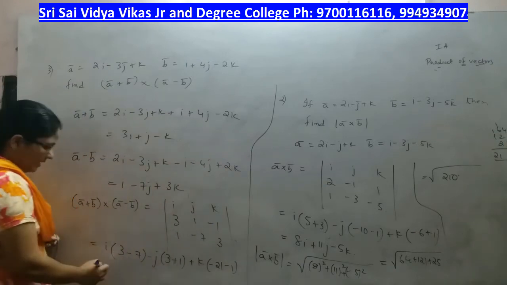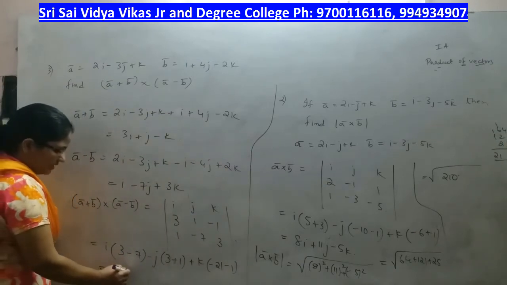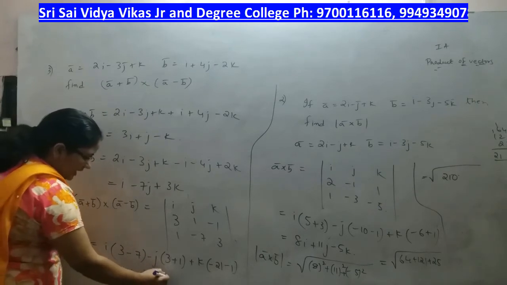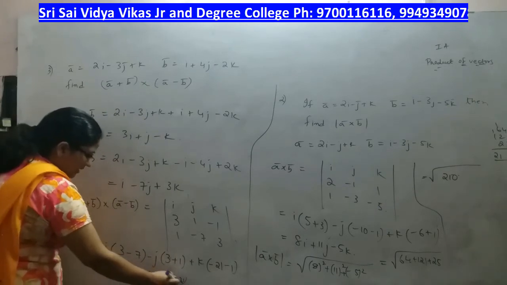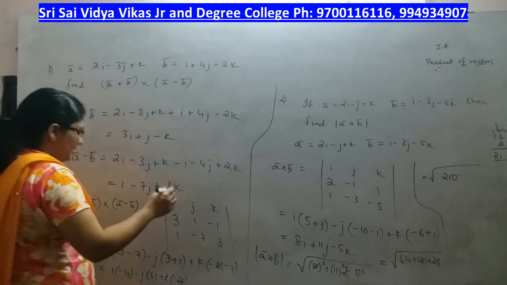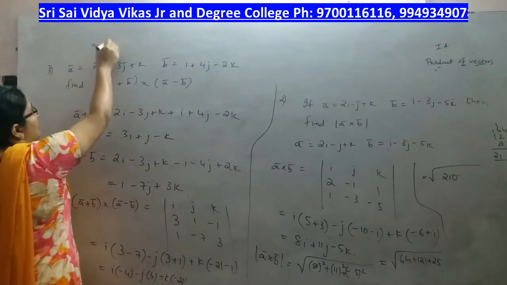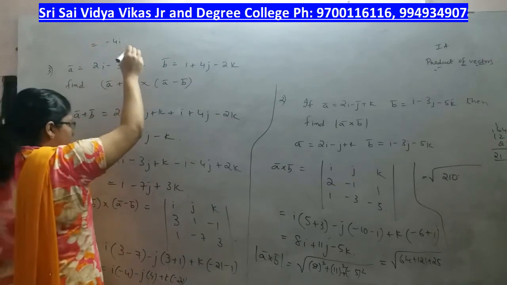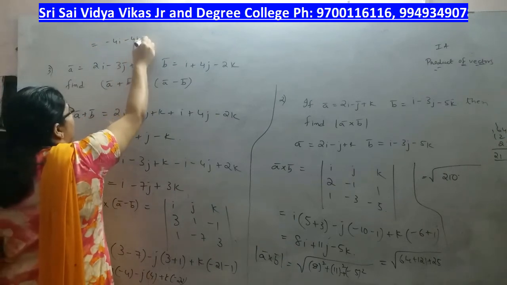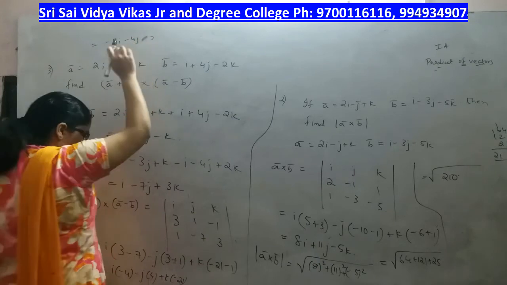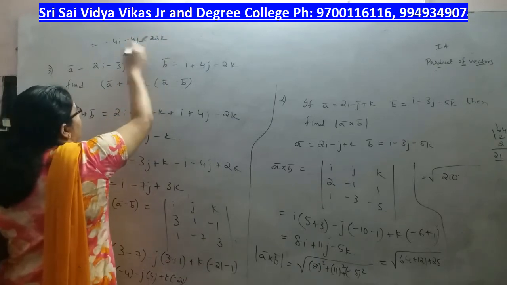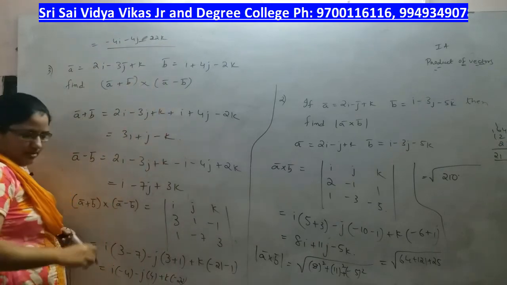So that is nothing but i into minus 4, minus j into 4, plus k into minus 22, which is nothing but minus 4i minus 4j minus 22k. This is what you have.